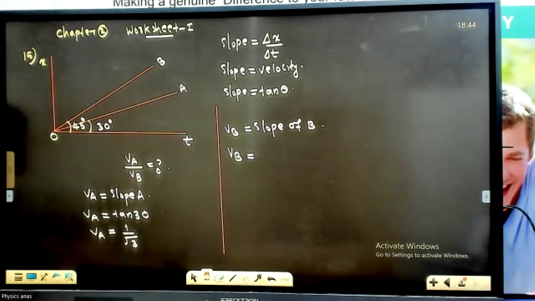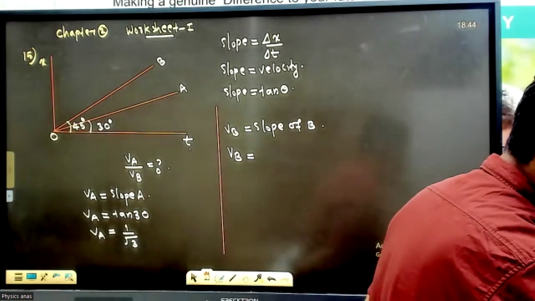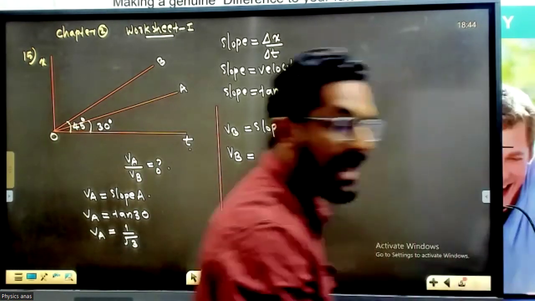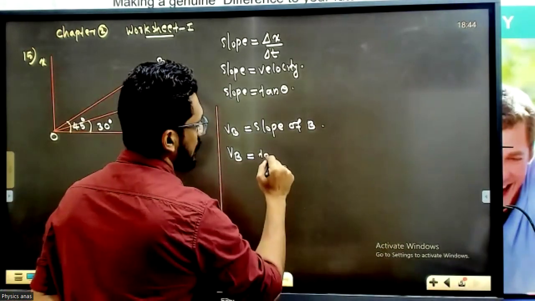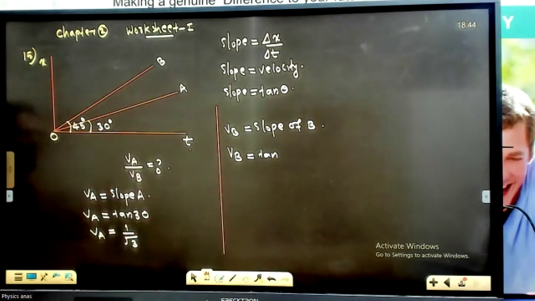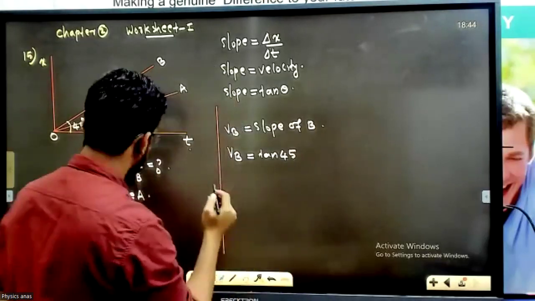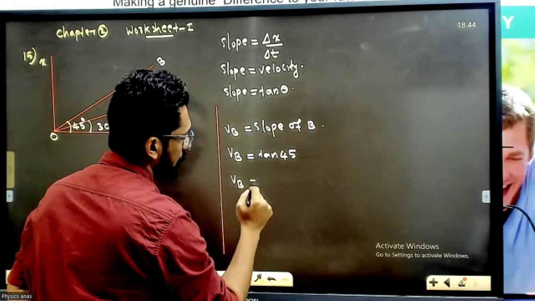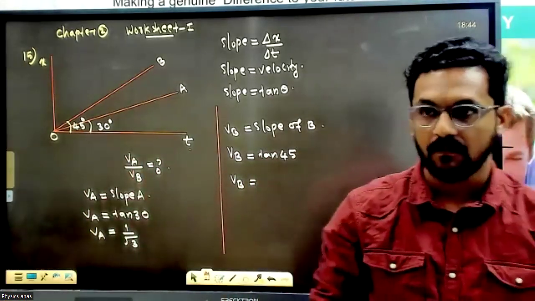Tan of that angle. B is having this angle 45 degree. So tan 45. What is tan 45? It's 1.